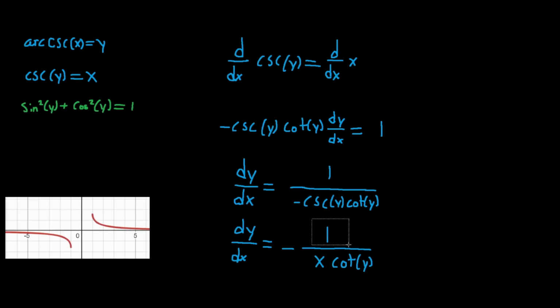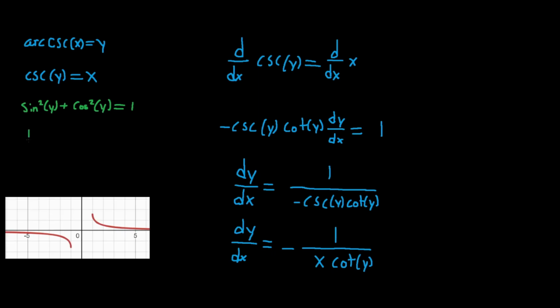All right, and then I want to figure out how I can express cotangent of y in terms of x. So that's when I look over here at this Pythagorean identity. What I want to do is find a way to say cotangent of y equals. Right off the bat, I'm going to divide everything here by sine squared of y.